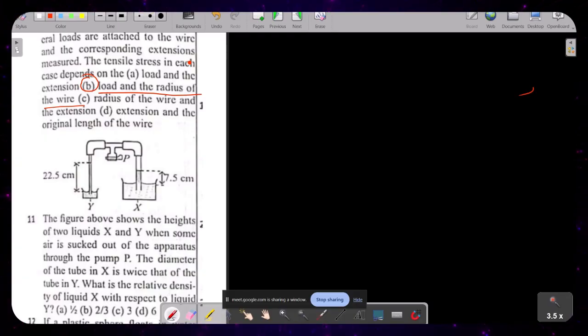Can you guys join? Are we there? Can you join? Can you join?